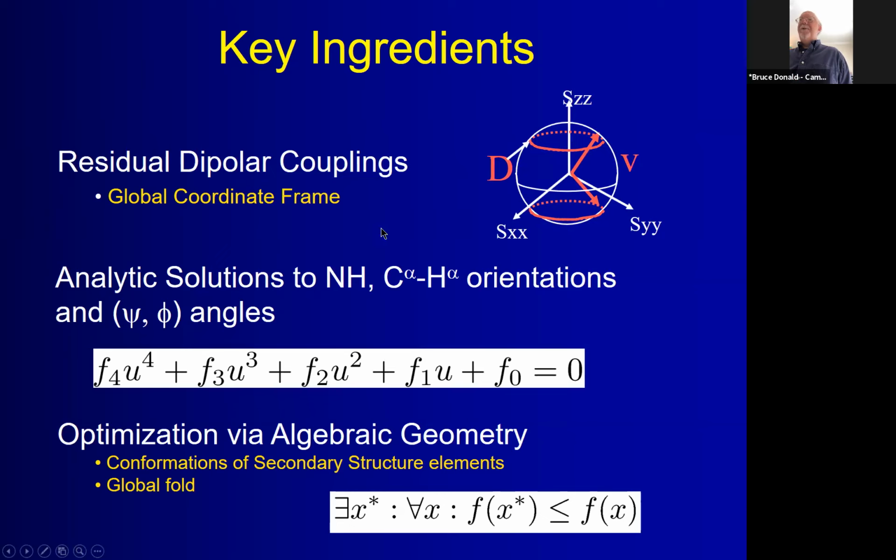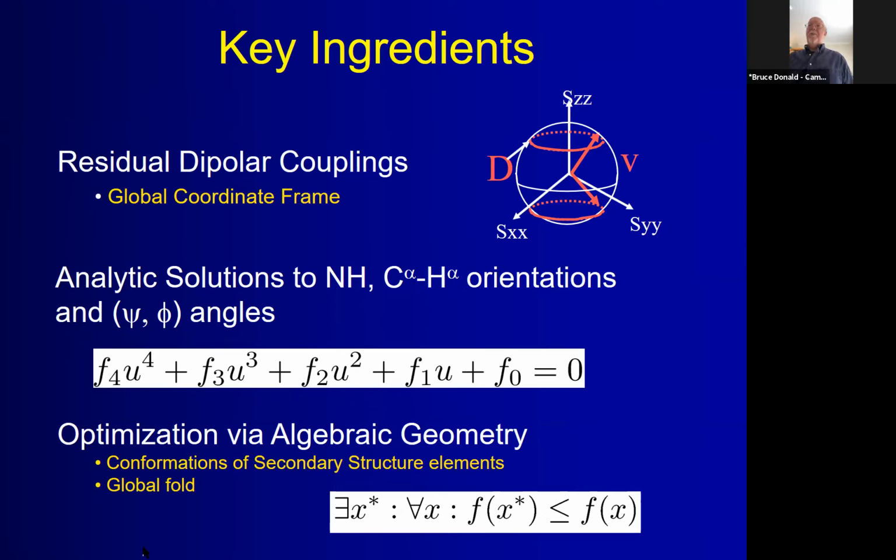But the reason this is interesting is that if you record RDCs in more than one medium, or if you record more than one type of RDC, for example, not just NH, but also C alpha, H alpha, you can combine these into analytical, really exact solutions. In other words, you can attain exact solutions to the orientations of amide bond vectors and what we call the CH bond vectors, the C alpha to H alpha orientations, and by kinematics, the phi psi angles. And this is done by solving an equation that is merely quartic. Therefore, it has exact solutions, fourth degree.